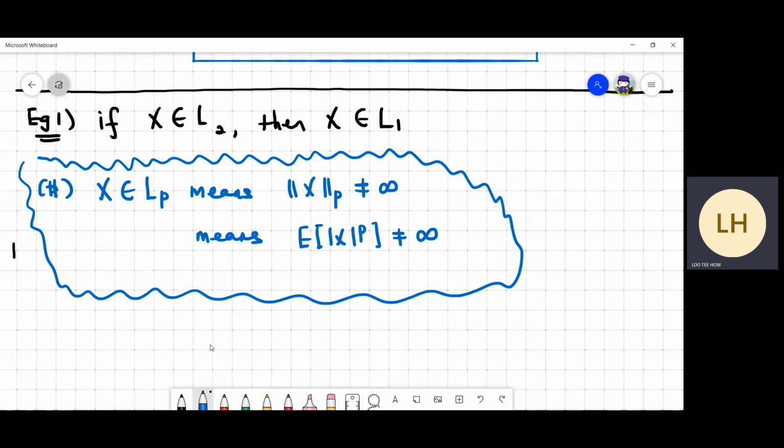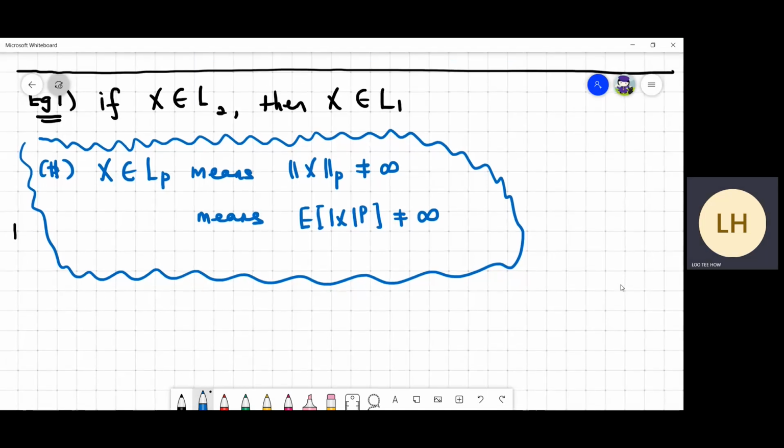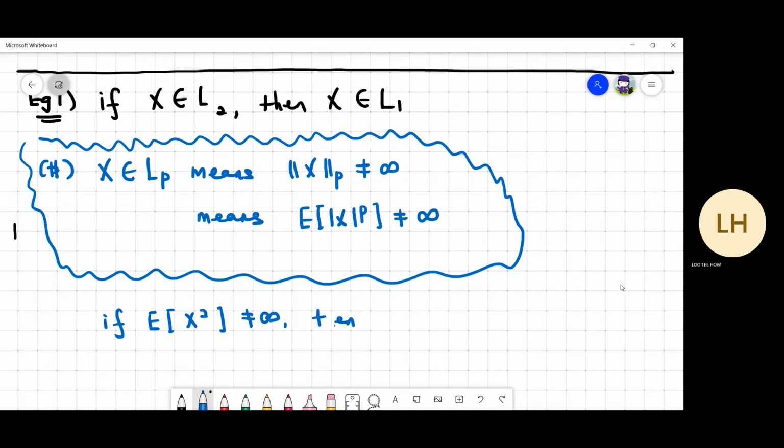So if you are using this notation, we can translate the statement for this example into this form. That is, if E of modulus of x squared is not infinity, then E of modulus of x.